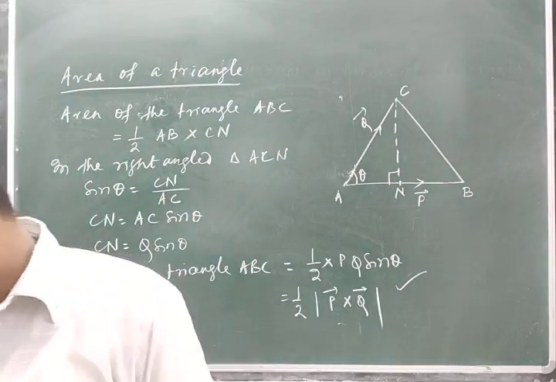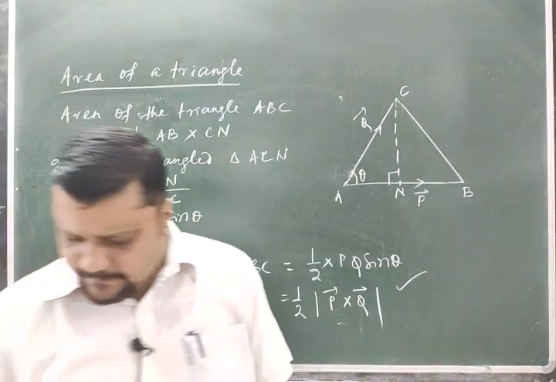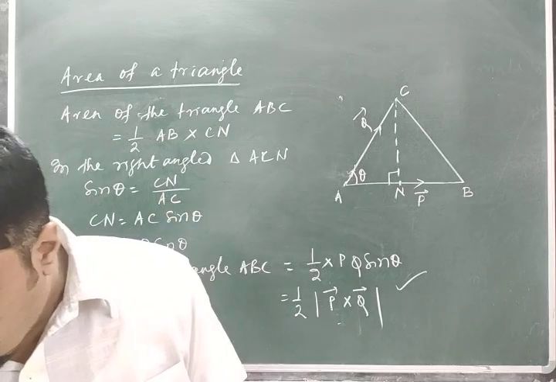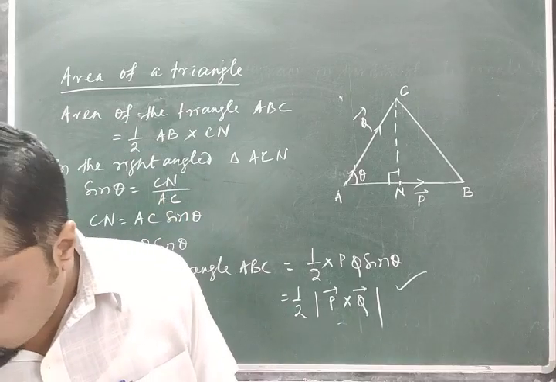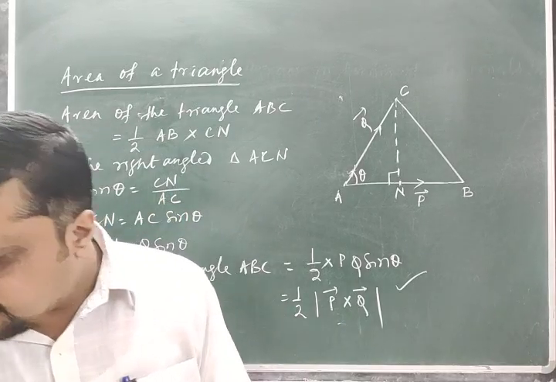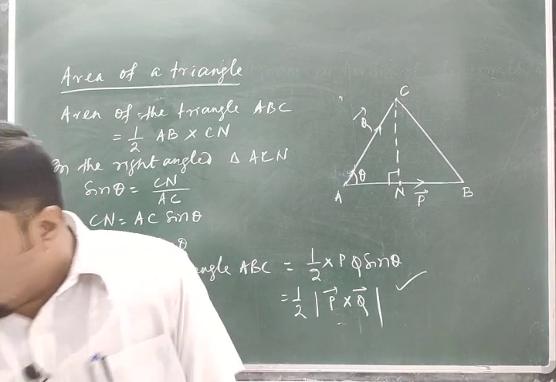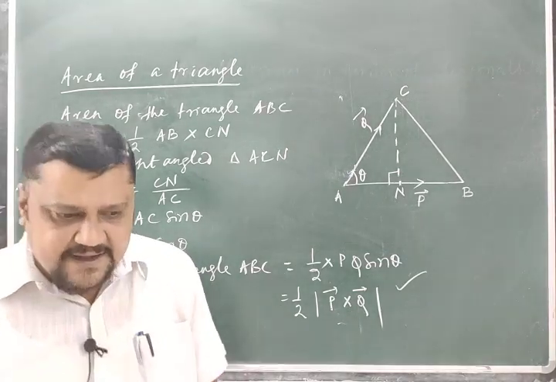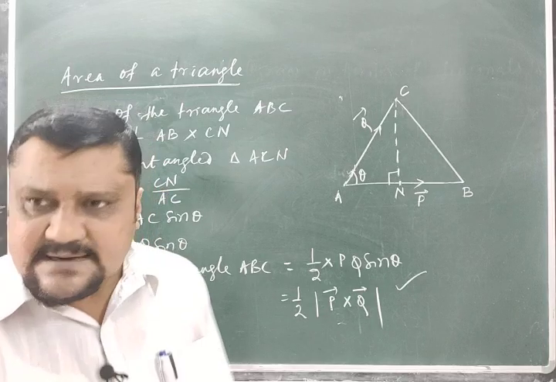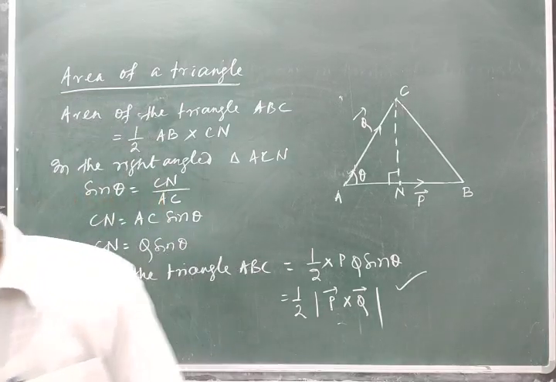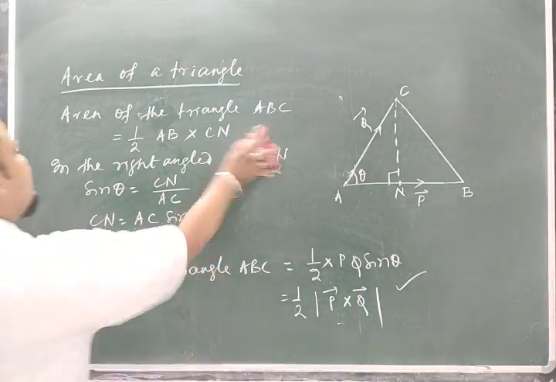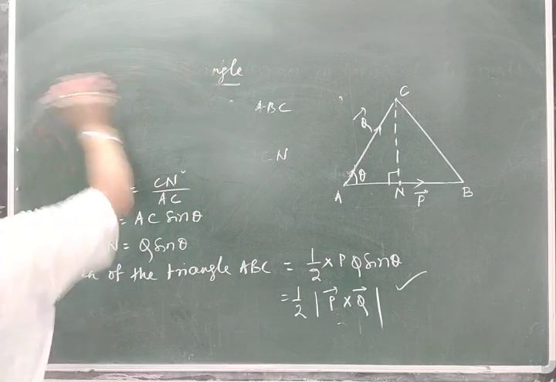Similarly, you can go for another property here. You can say that the cross product of the vectors does not change its sign under reflection. That is also one of the properties.